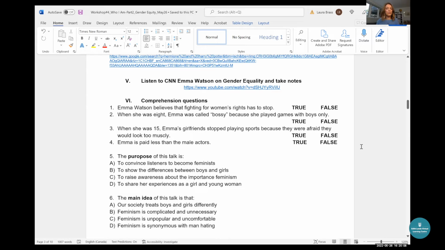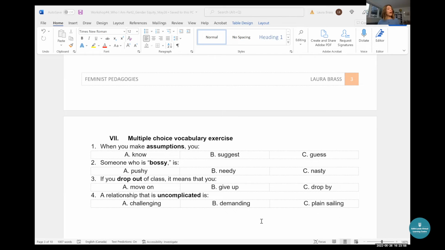So there are 4 true and false questions, 2 comprehension questions, and then a little bit of vocabulary. So have you guys read these questions? Can we go ahead and listen to Emma Watson? Are you ready? Awesome.